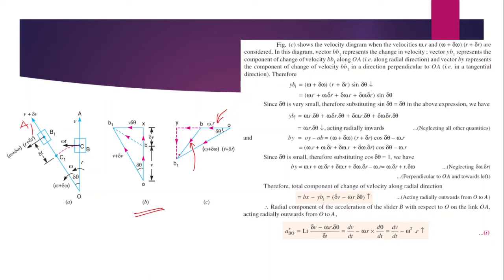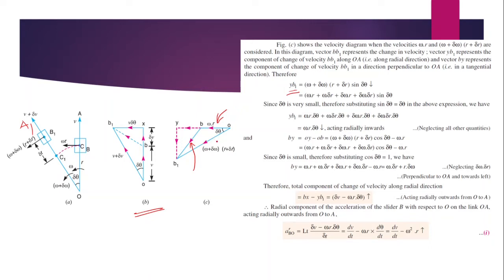That change in velocity has two components, one along the link OA, another perpendicular to link OA. Then YB1 is equal to (omega plus delta omega) into (r plus delta r). That means the hypotenuse of this particular triangle OYB1 is equal to (omega plus delta omega) into (r plus delta r).